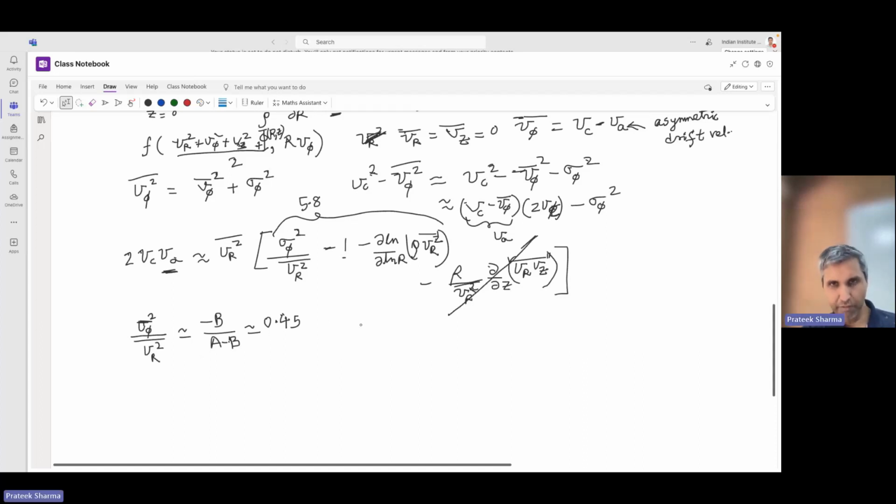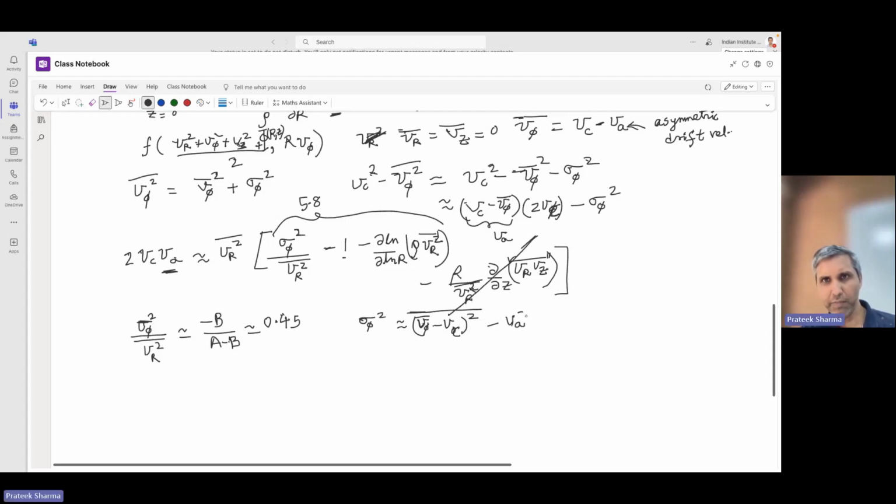And the other thing is sigma phi squared is equal to v phi minus vc, whole squared, minus va squared.